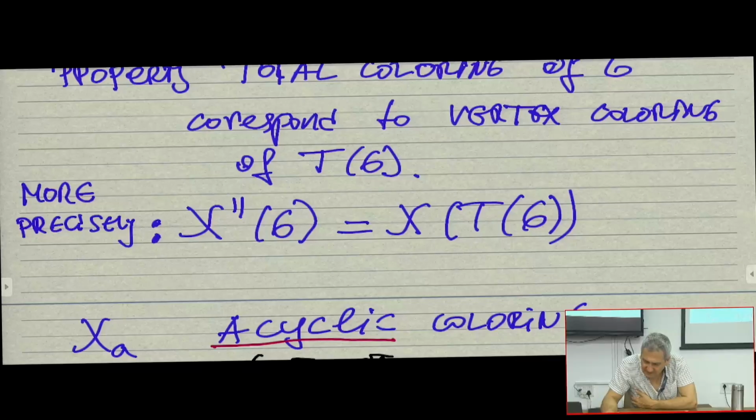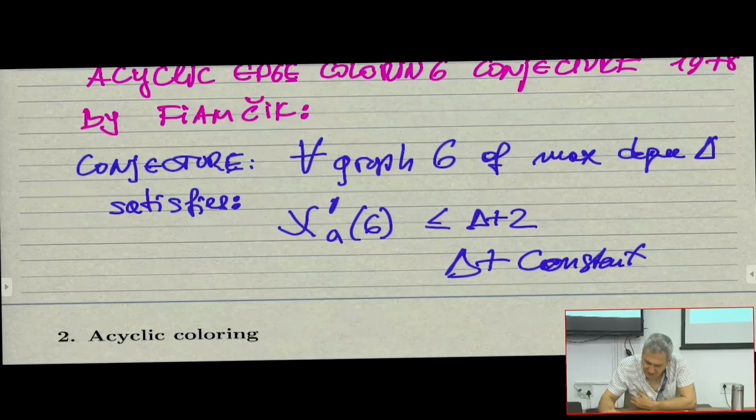Okay, how do I put an extra page? Let's put some more pages.